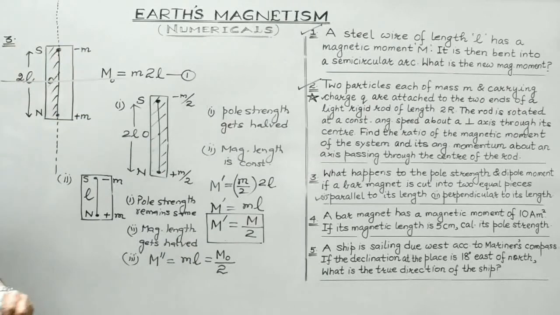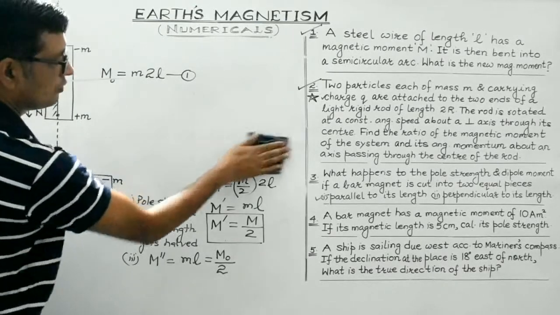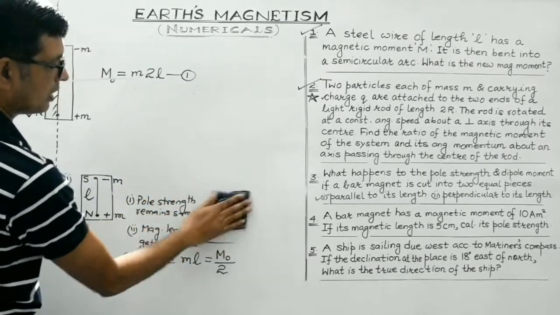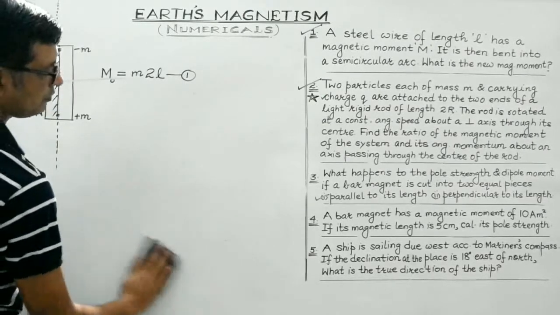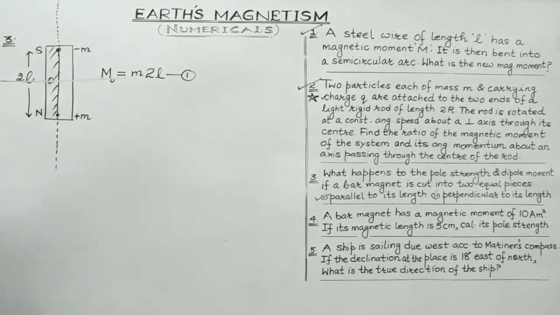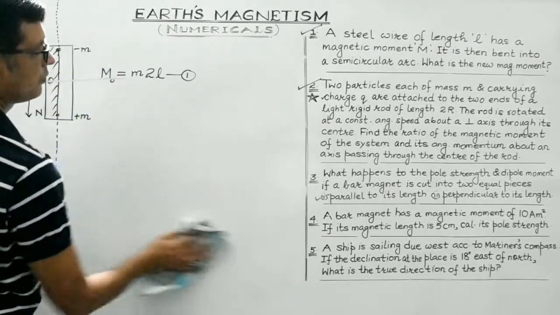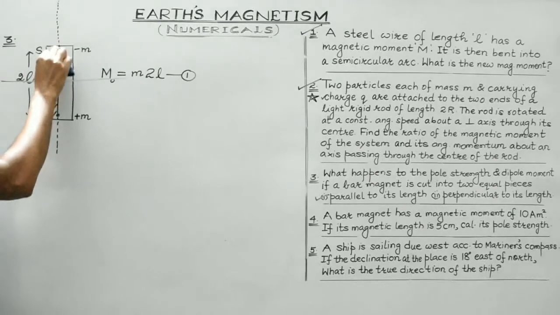Okay, let's consider another case as well. We'll consider a 1/4 part and then see what happens. It's not given in the question, just additionally let's do this. Now we'll consider only one part.